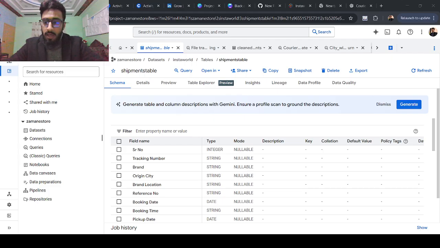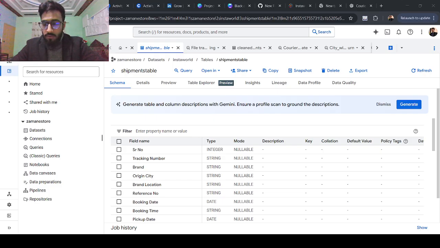For example, here in Islamabad, if the courier service of TCS is performing well, they would assign that order to TCS for Islamabad. Similarly, if another order is for Karachi and the courier service of Leopards is performing well in Karachi, they would assign that order to Leopards. So this is how Instaworld actually works.